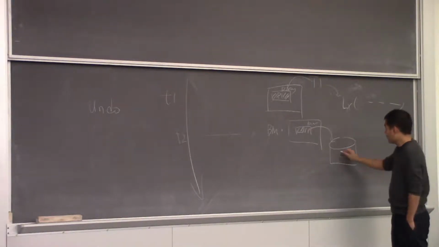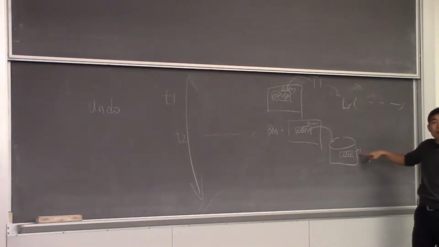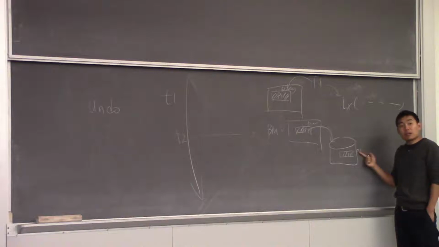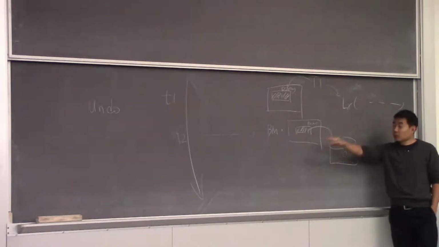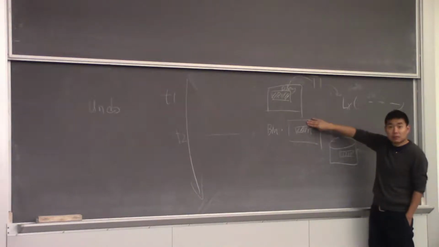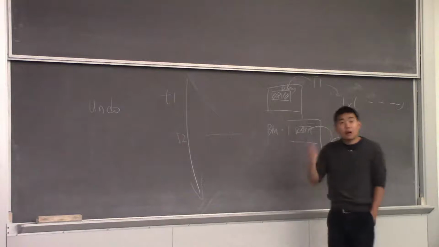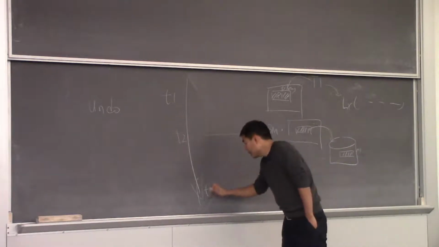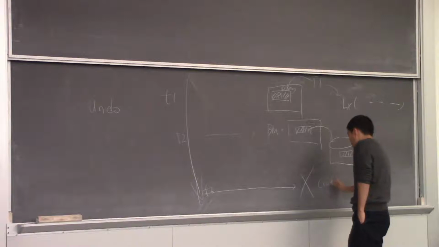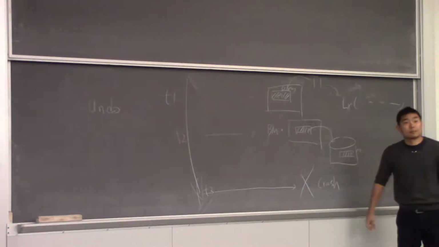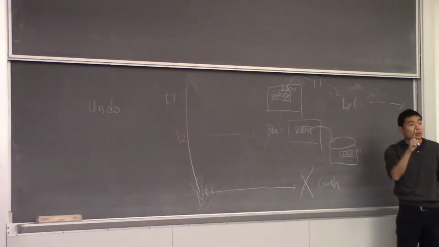So the image of this page on disk now becomes the same as this, which was dirty, and now is no longer dirty. Do all of you follow me? Now what may happen? At t3, system crash. And note that T1 has not committed yet.